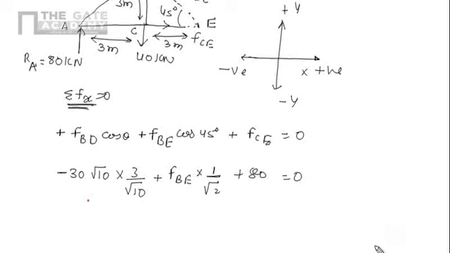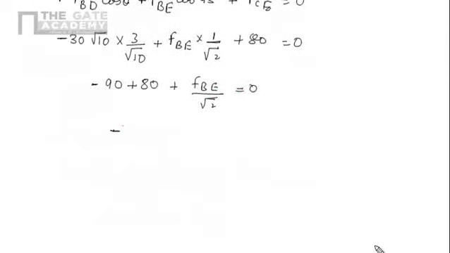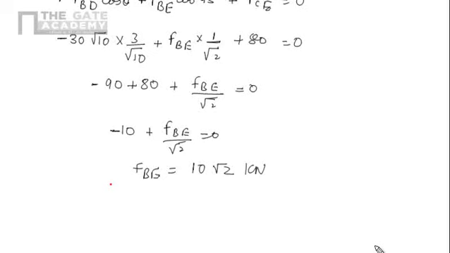So now if we simplify it, that is minus 90 plus 80 plus FBE by root 2. So we have minus 10 plus FBE by root 2 equals 0. So FBE will be 10 into root 2 kilonewton.